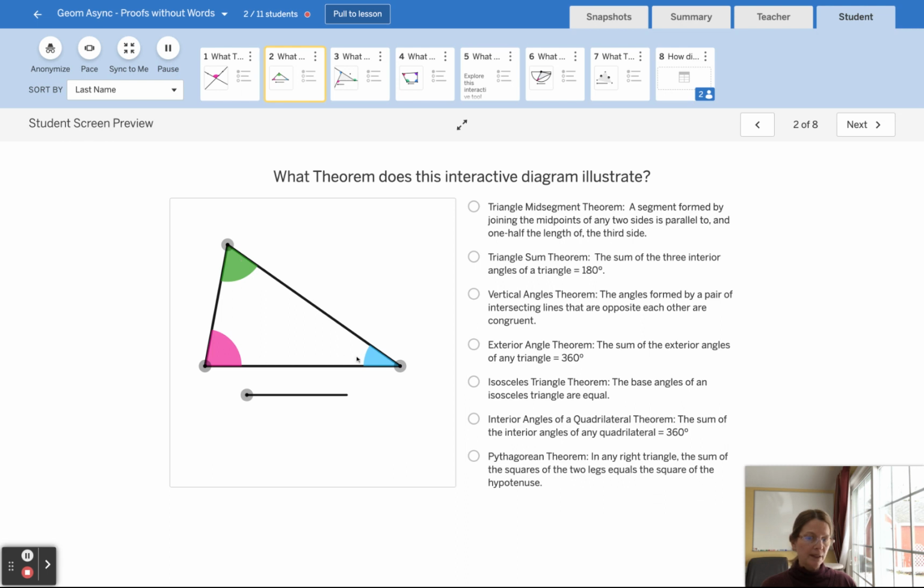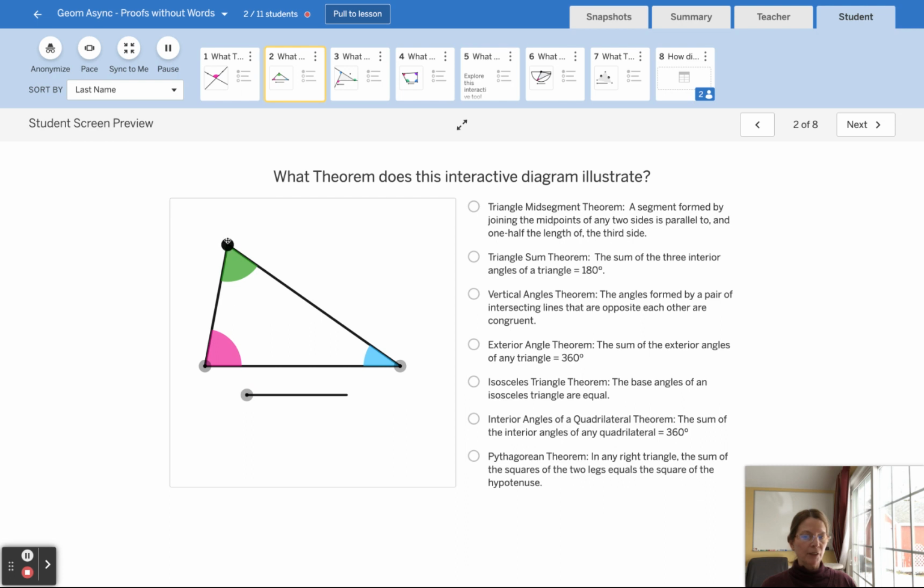What happens to these 3 angles? Well, the pink and the blue are not changing size. They're repositioning next to the green. And I'm remembering that a straight angle measures 180 degrees. So what does that mean?